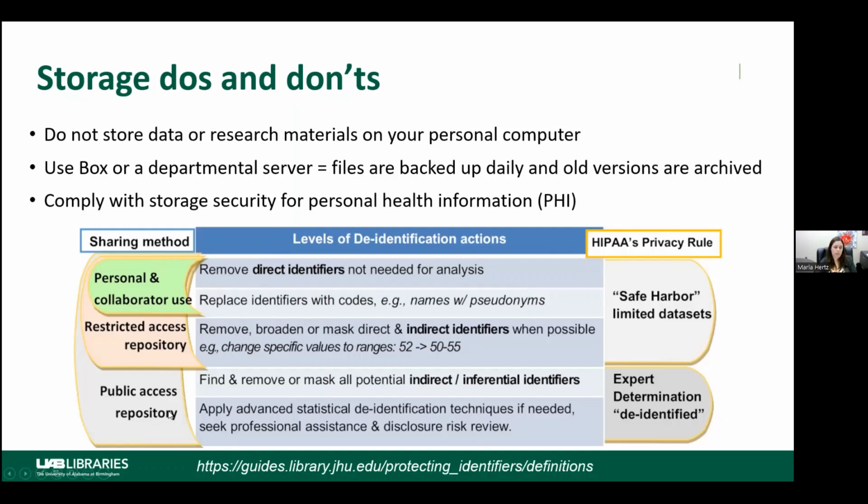This table talks about how you need to de-identify further and further for public repository access versus when you and your collaborators are using it. But all of this should be spelled out in your IRB, and you can also talk to UAB IT if you have questions about how to make sure that the data is securely behind, safe.